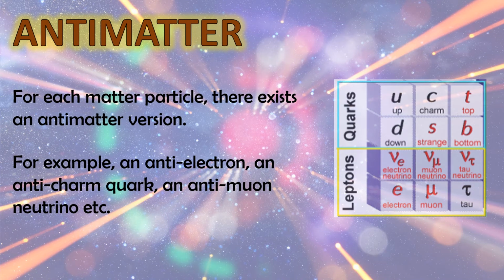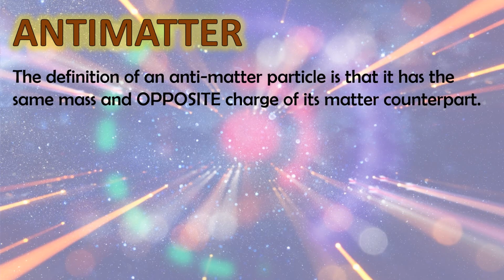So for each matter particle, there exists an antimatter version. That means that there are 12 particles of matter and 12 antimatter particles. For example, you could have an anti-electron, you could have an anti-charm quark, you could have an anti-muon neutrino, and so on. The definition of an antimatter particle is that it has the same mass but opposite charge of its matter counterpart.